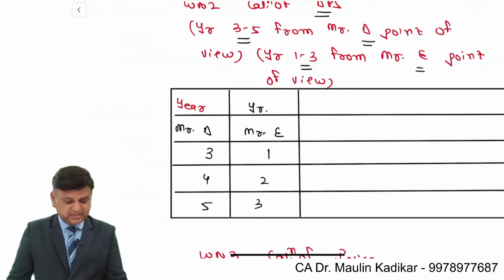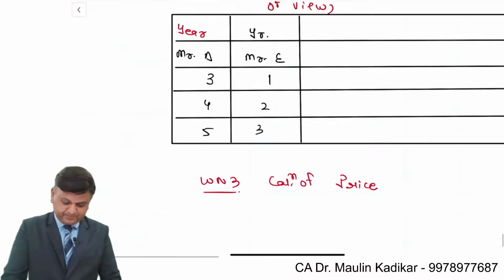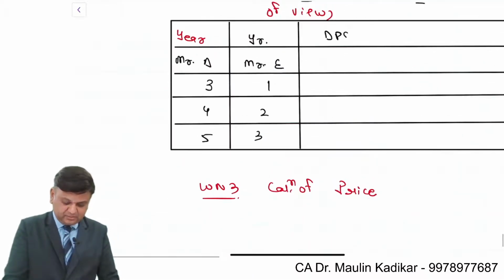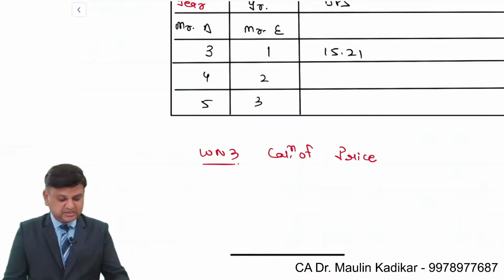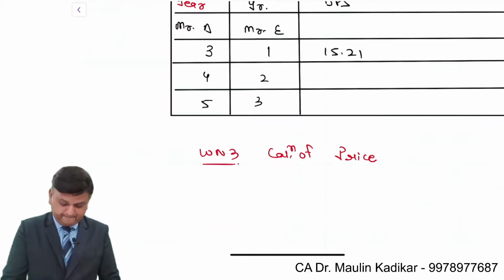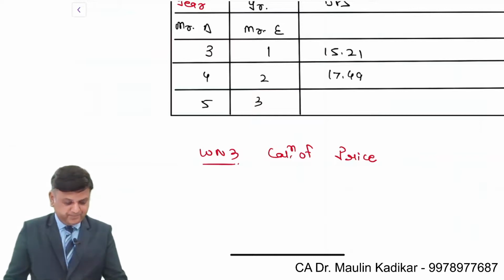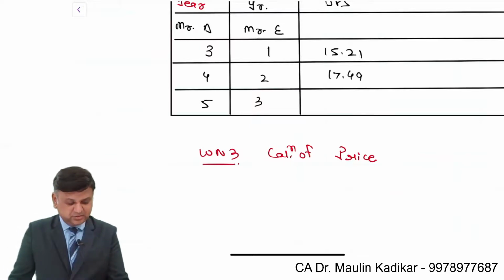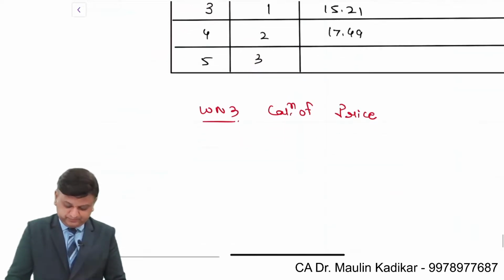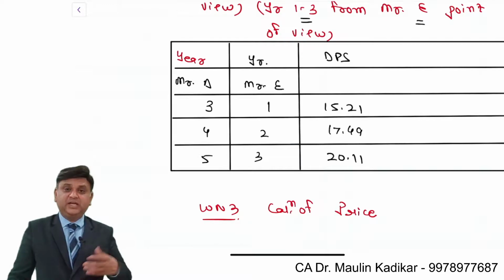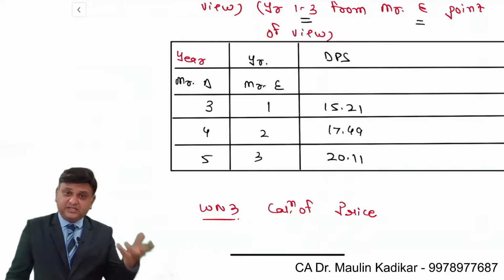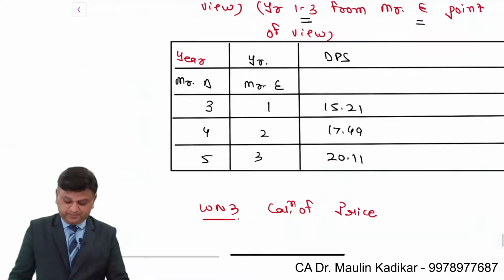It is 15.21, that is dividend per share. Next, it is 17.49, and last it is 20.11. This is what Mr. E is going to receive in his first year, second year and third year.